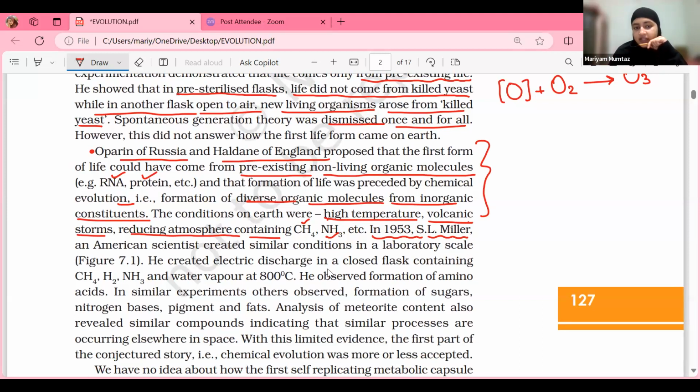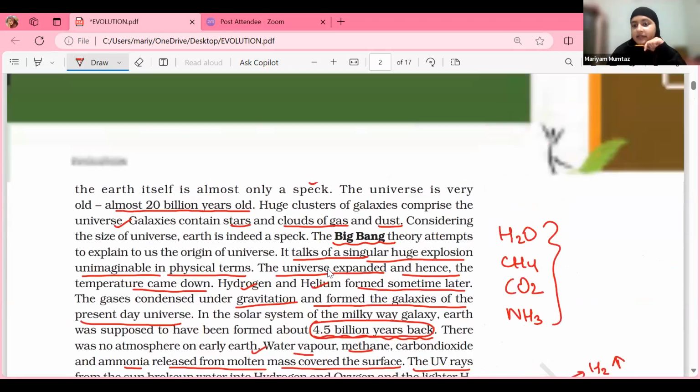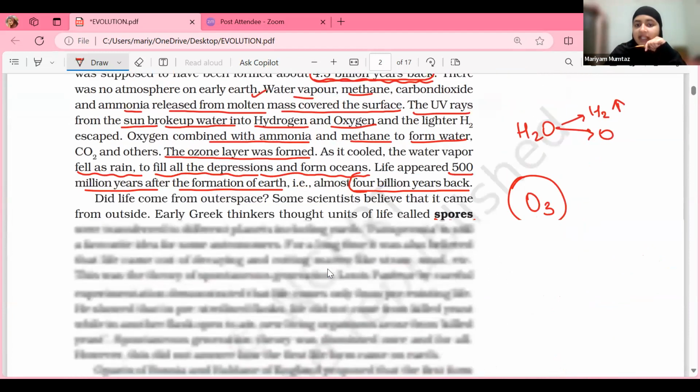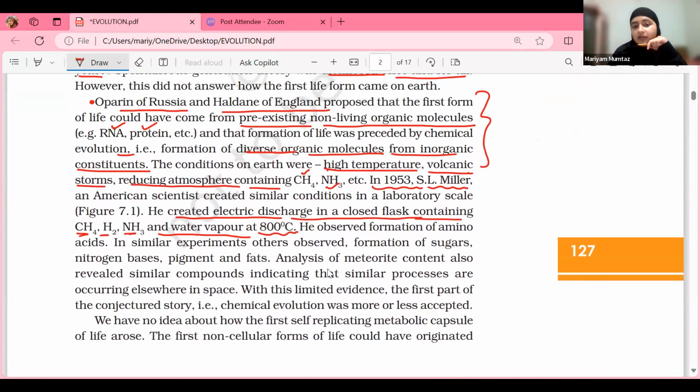So what he did, he created electric discharge in a closed flask containing methane, hydrogen, ammonia, and water vapor at 800 degrees Celsius, meaning all these compounds that I made you write were being used at that point of time to explain how it actually happened. So he observed the formation of amino acids.